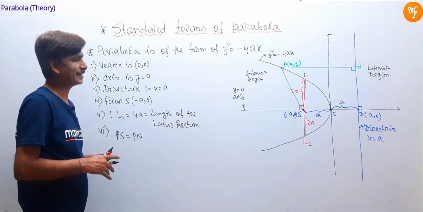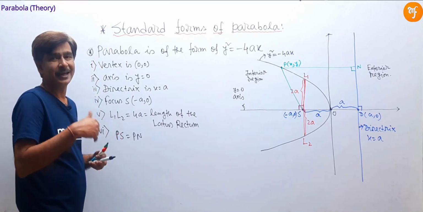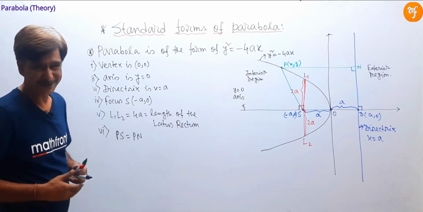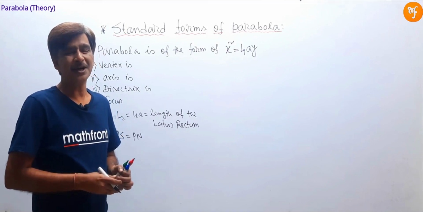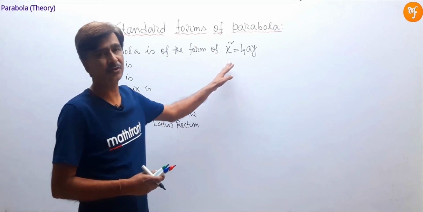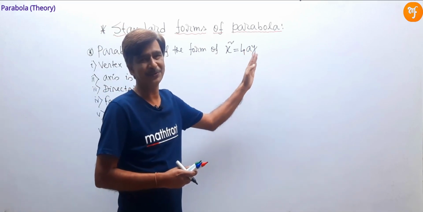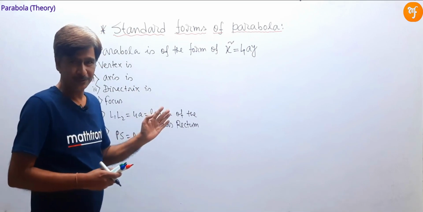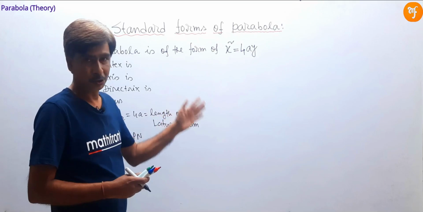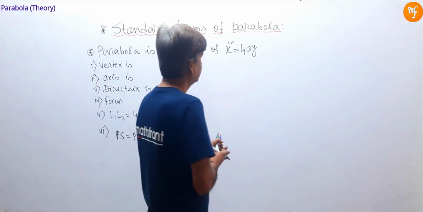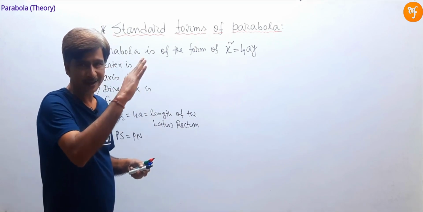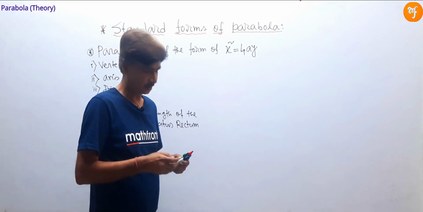Now come to another concept on parabola, that is the x square is equal to 4ay form. Okay, so let's have a look. So friends, now we are discussing the equation of a parabola of the form x square is equal to 4 into a into y. So let's first draw the figure. The parabola x square is equal to 4ay is concave upward and its vertex is at the origin.